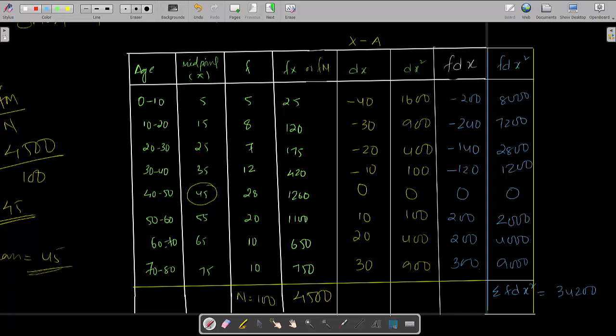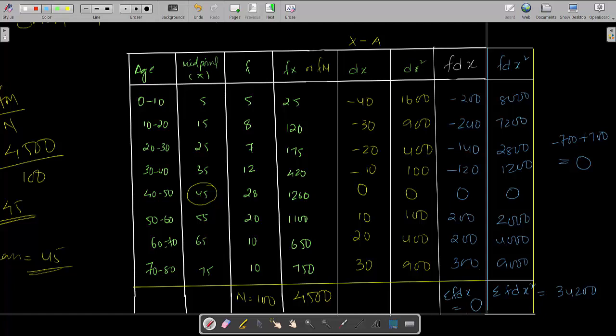Now let's add this one. If you add up 300, 200, 200, you'll get 700. Now 200, 200, 400, 500, 600, 700. So minus 700, minus 700 and plus 700, it is 0. So our value for sigma f dx is equal to 0.